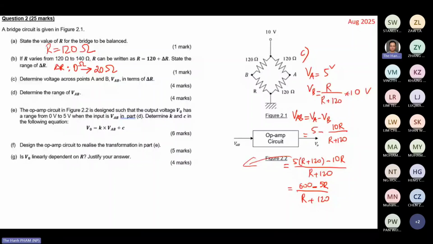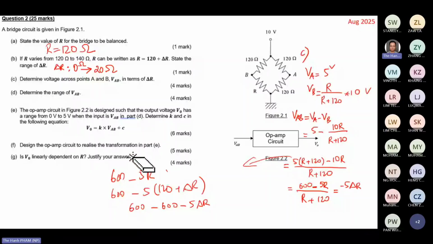Oh, they want to have it in terms of delta R. So you see 600 minus 5R, but your R is 120 plus delta R. So this one is 600 minus 600 minus 5 delta R, so this one should be minus 5 delta R, as I explained.